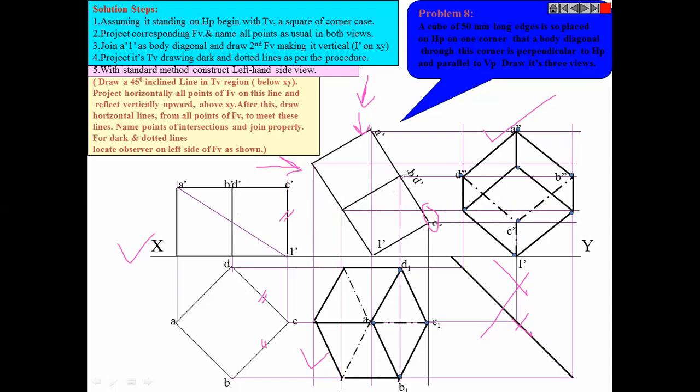Now, if it is told to you to draw the right hand side view, and also draw its front view, top view and right hand side view, then what would you have done? Answer me. Think of it.